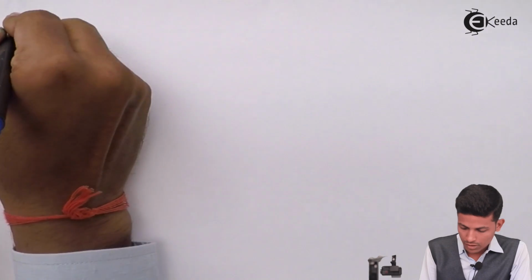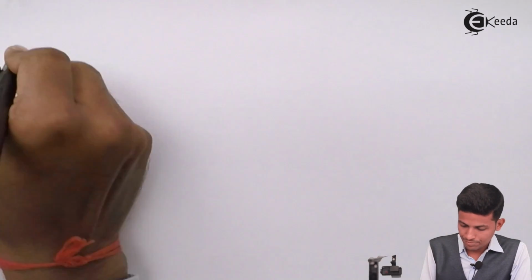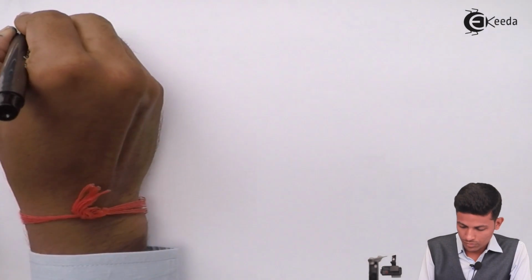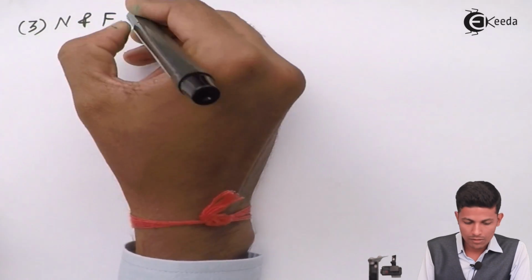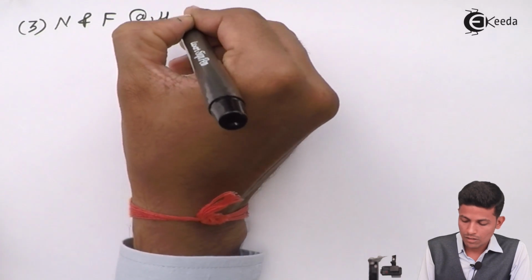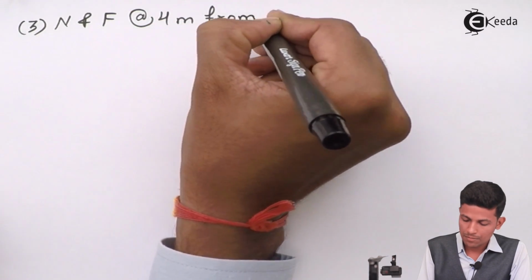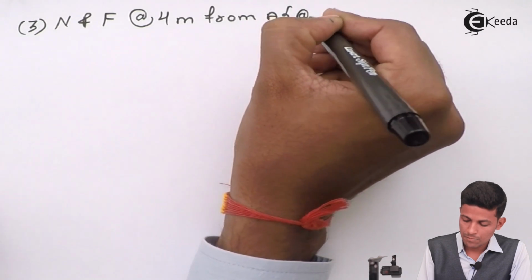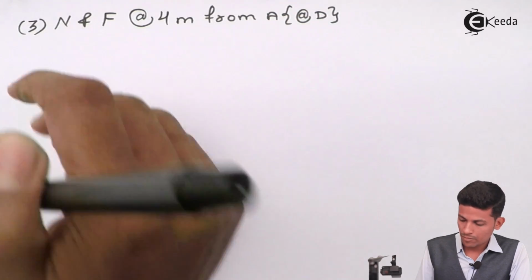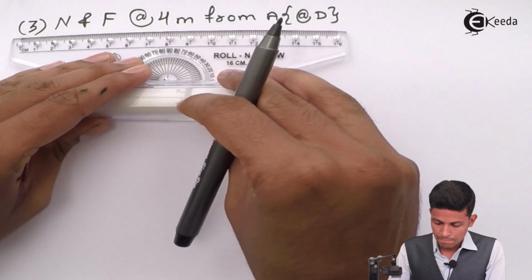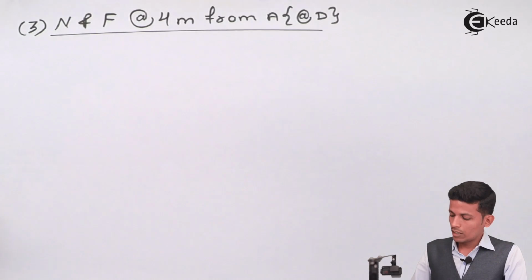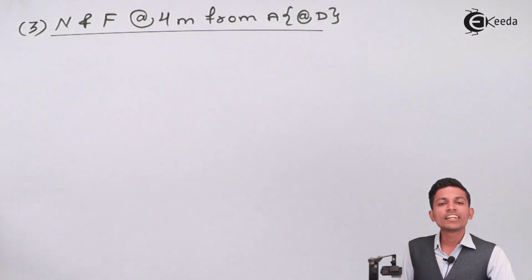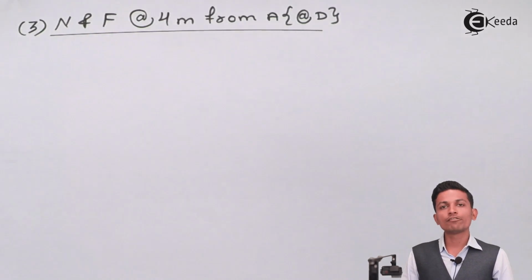Now to solve this, third step will be... Okay, now see, to solve this normal thrust and radial shear force, we have logic also and formulas also.